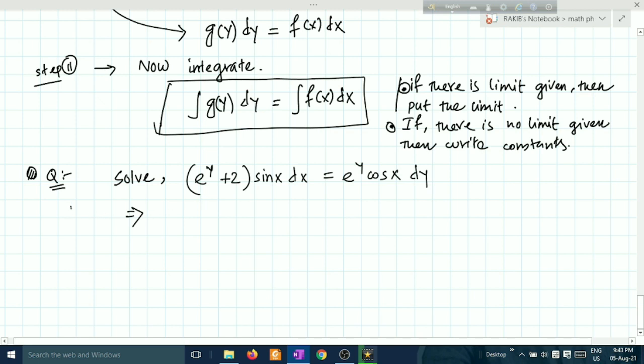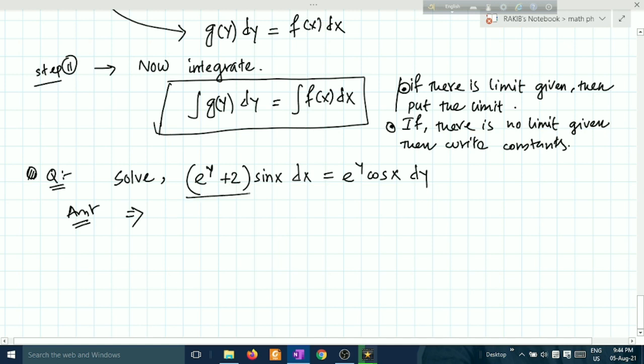Okay, what is the answer of this? Writing the answer: e to the power y plus 2. You can easily check that if you put this dx on the denominator of dy, then this will be a differential equation, so we do not have to write the differential equation specifically. Then use separation of variables first.